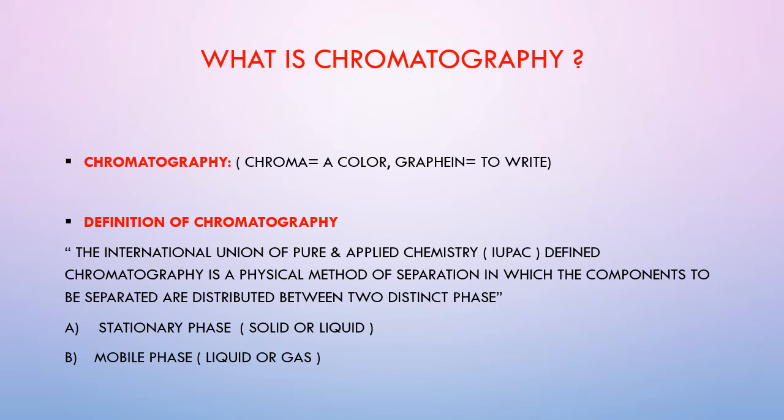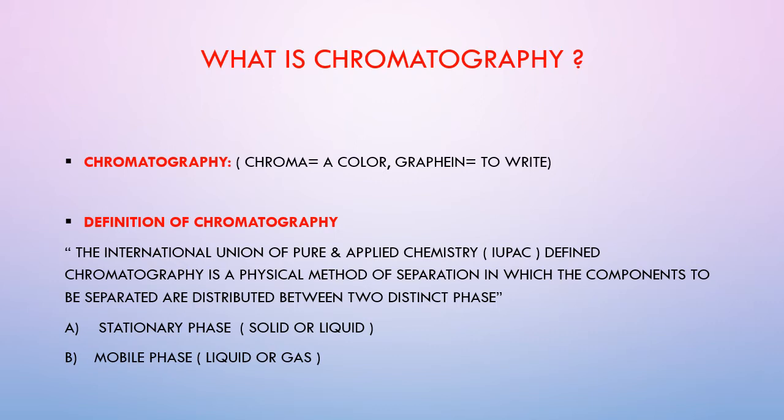Then the other phase is the mobile phase. What is a mobile phase? The mobile phase in chromatography is either a liquid or a gas. Here is the basic difference: in the stationary phase, a solid or liquid is used, and in the mobile phase, a liquid or gas is used.